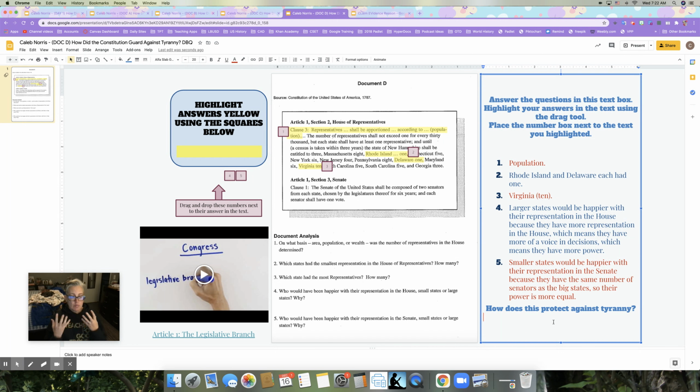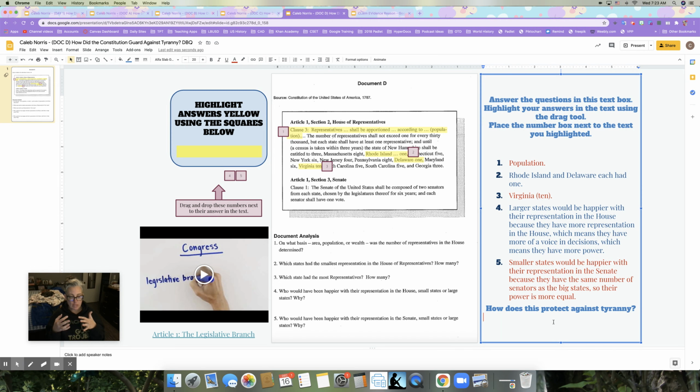So equal representation in the Senate is going to protect those small states from being taken over by the large states.